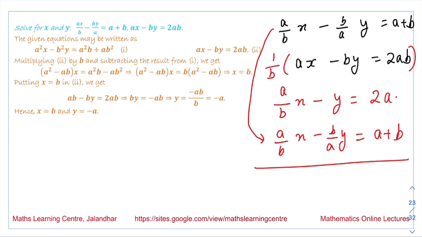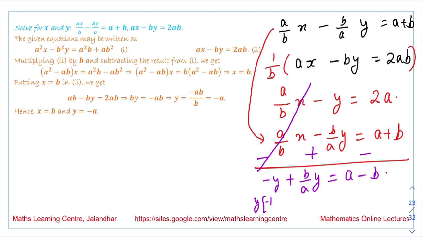When we subtract these two equations, these two terms get cancelled. From these two terms we get minus y plus b by a y, that is equal to a minus b. If we take y common from both of these, we are left with minus 1 plus b by a equal to a minus b.